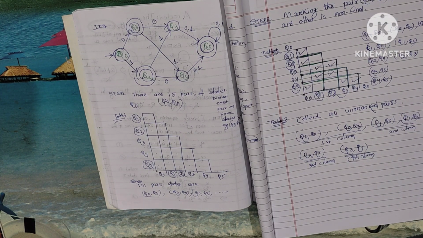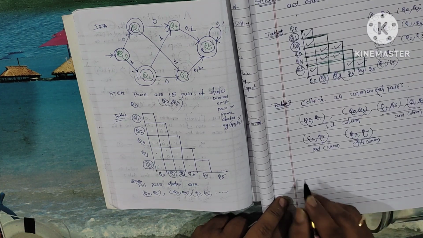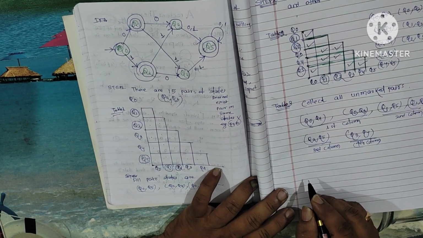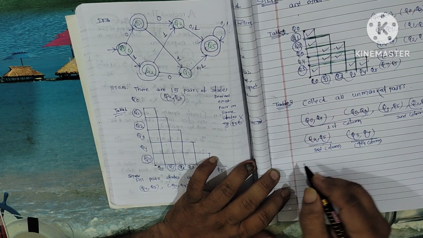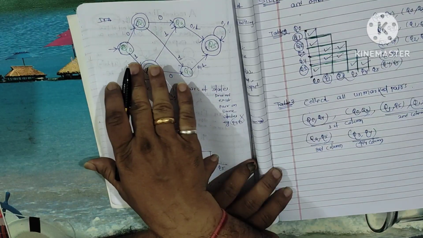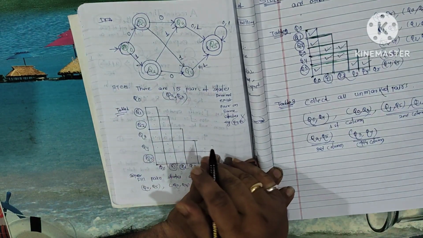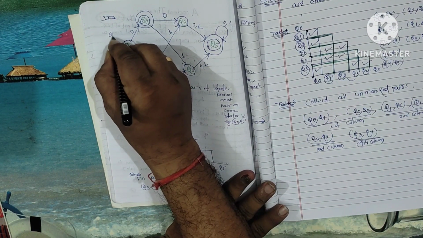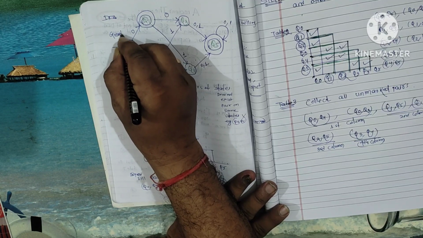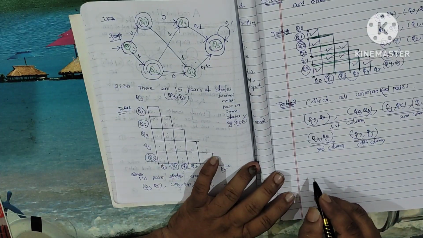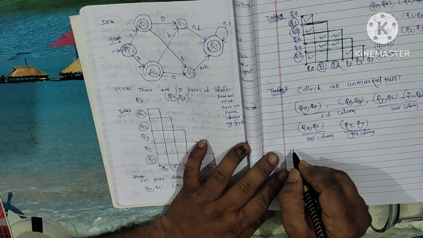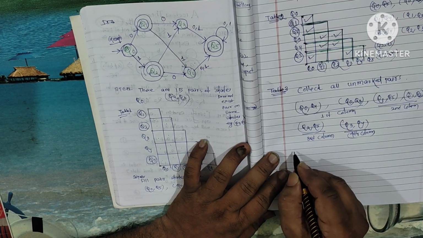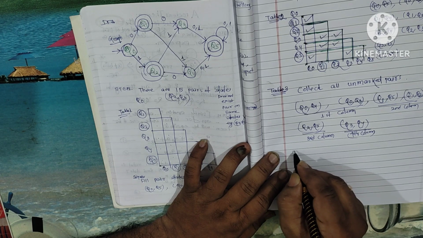Now check one after another. For that we have to construct the table from the transition graph. So let us consider the transition table of the DFA.